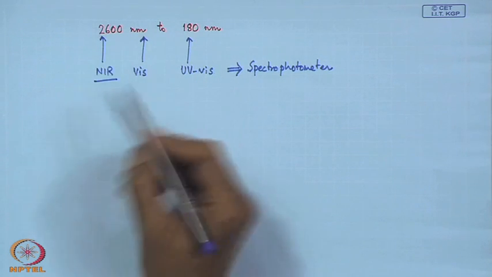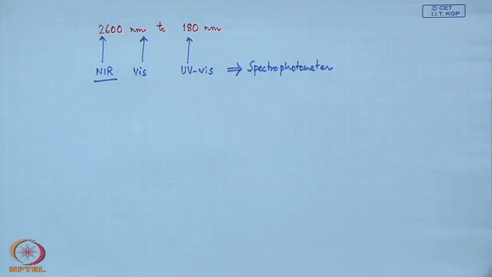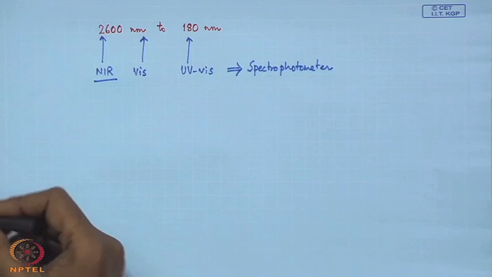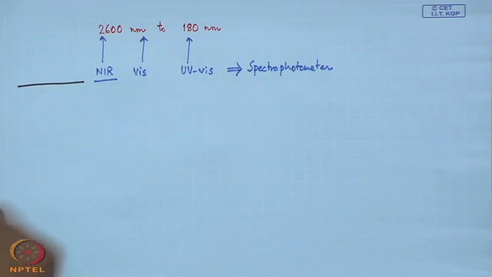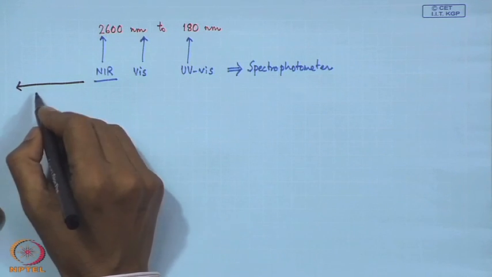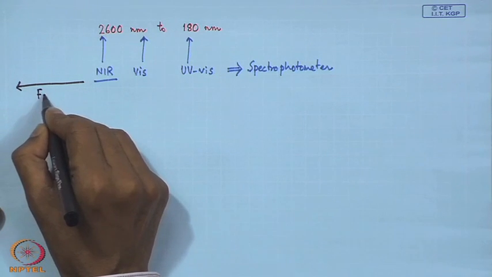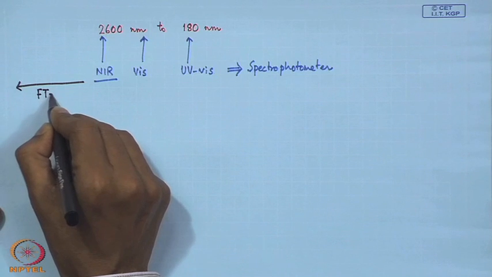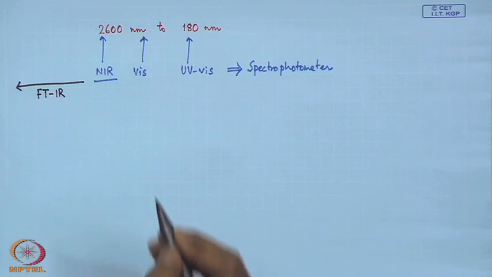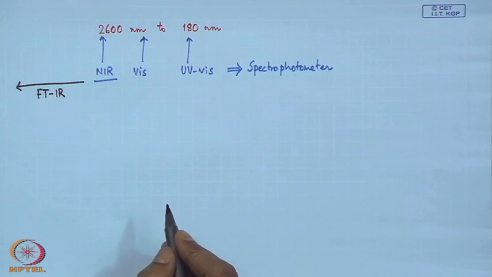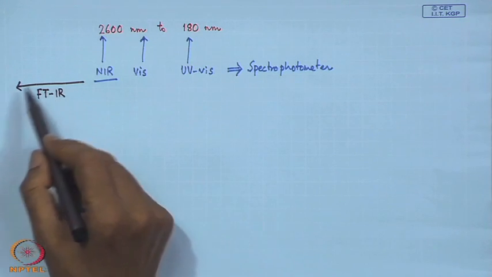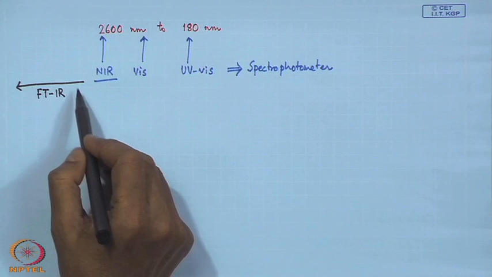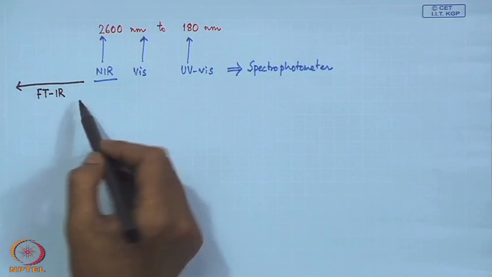So we go for the NIR measurements also using a UV visible spectrophotometer, and on the left we have the range which can be measured for bond stretching frequencies, which is in the FTIR values. These are electronic transitions and these are the corresponding vibrational spectroscopy in the range of FTIR.